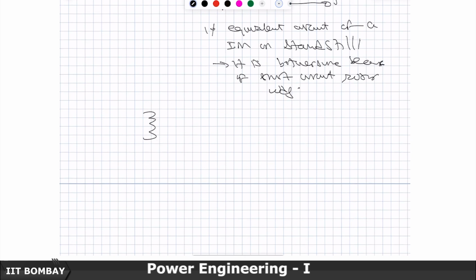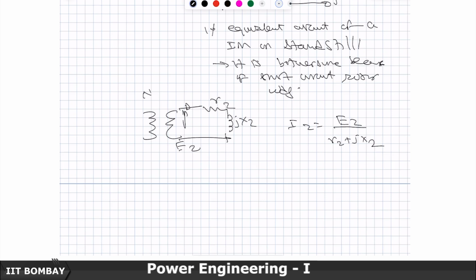Think of this as my E2 and this is my R2, this is my jX2. Immediately a current I2 will flow, which is E2 divided by R2 plus jX2.